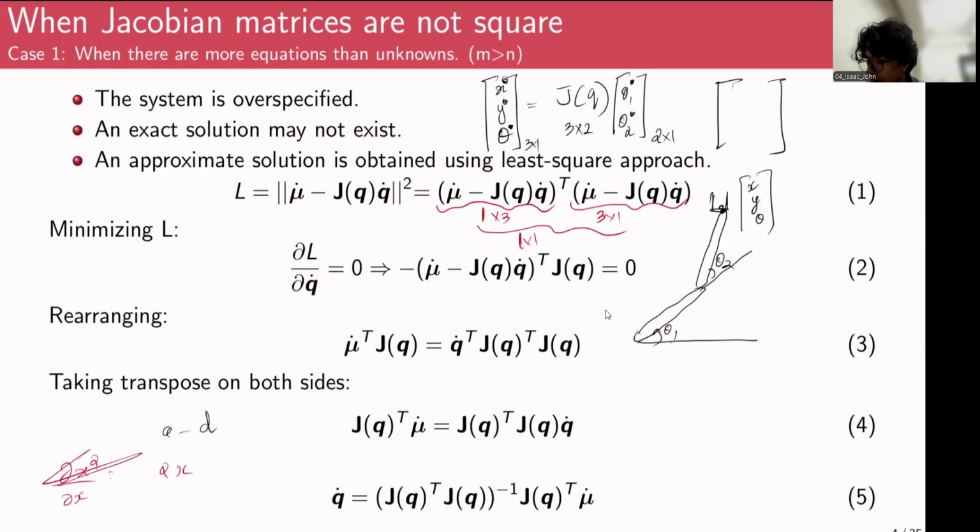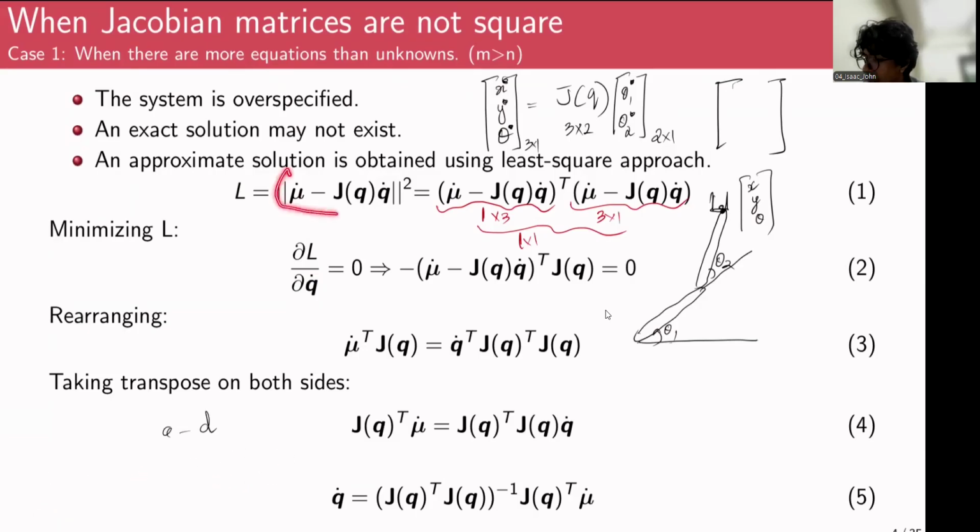Or similarly, if you take a function x minus a, the whole square, and take the partial derivative with respect to x, you will get 2 multiplied by x minus a. A similar analogy is what we are using here.